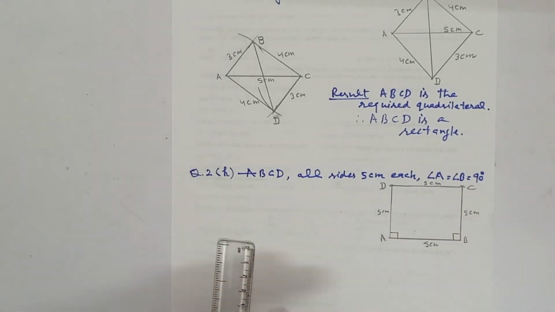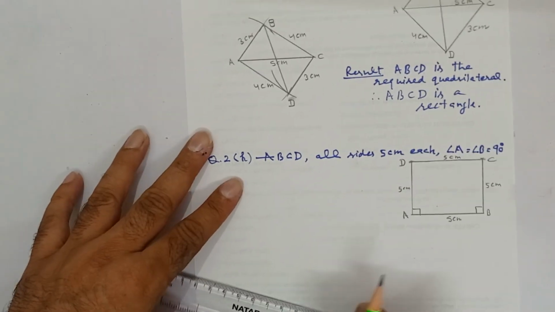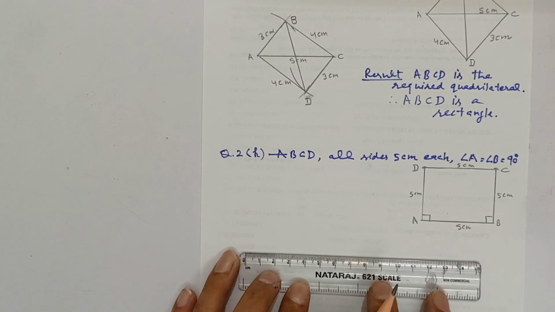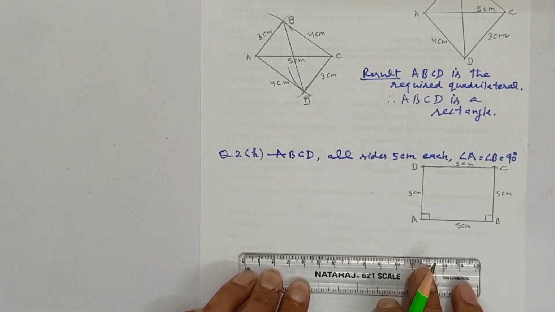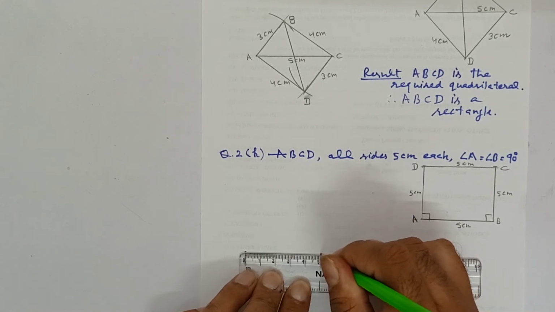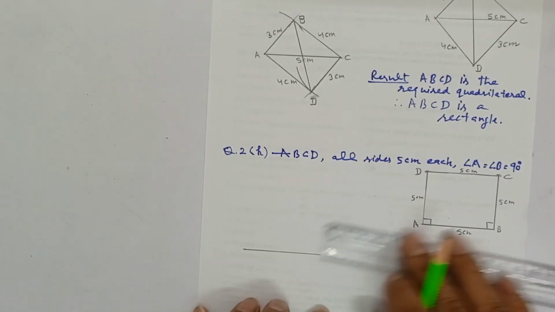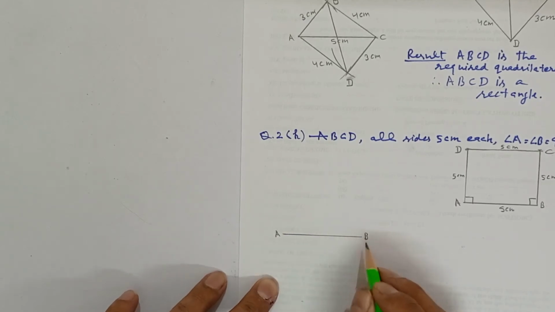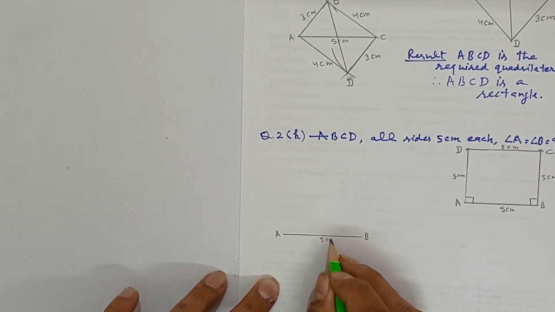It is not asked in this question what type of quadrilateral this is. We just need to construct it. So I have taken the scale, origin 0 and 5. This is 5 centimeter. This is AB 5 centimeter.